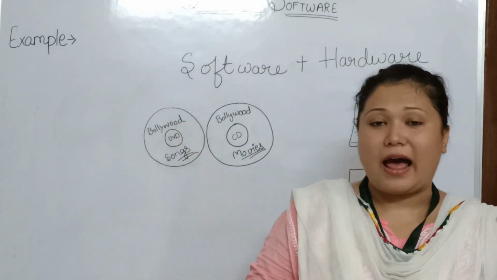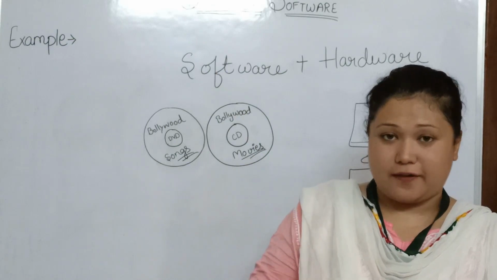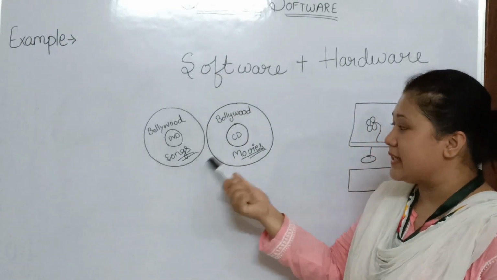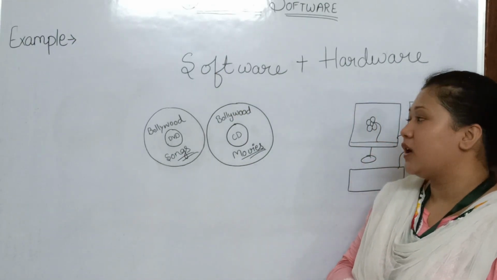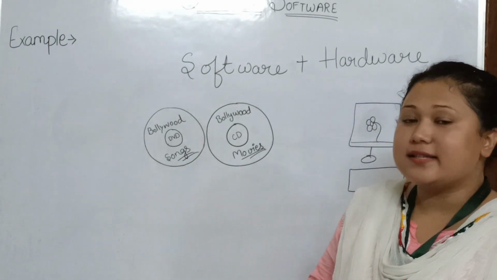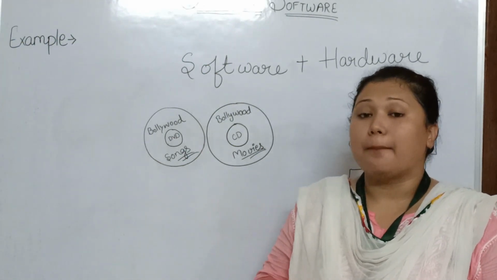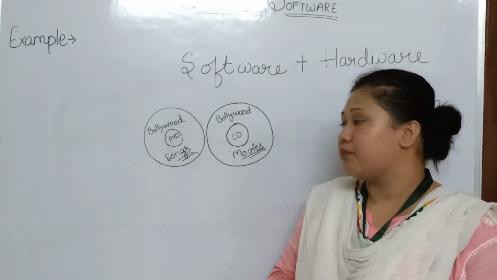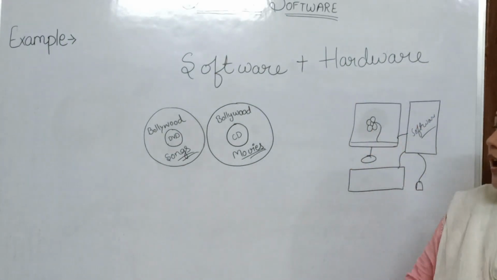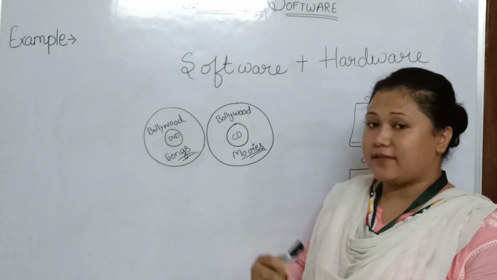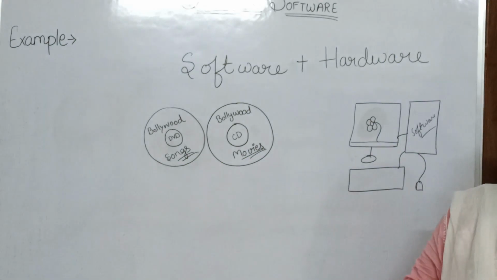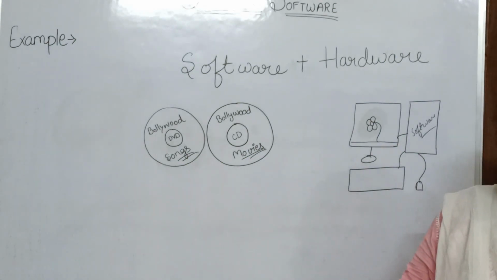Suppose we have two storage devices, that is a CD and a DVD. A storage device is basically a component of hardware which we can touch, and these storage devices help us to store data.